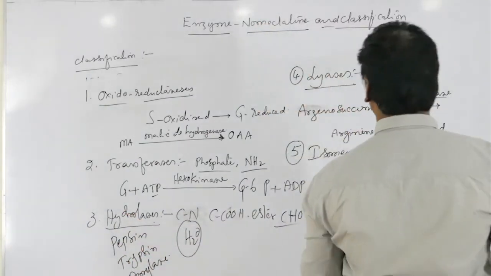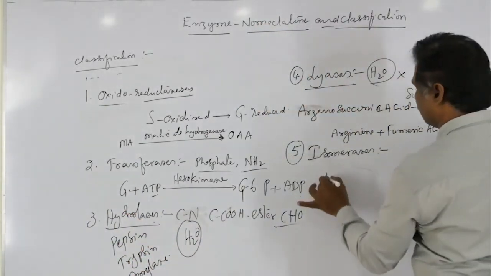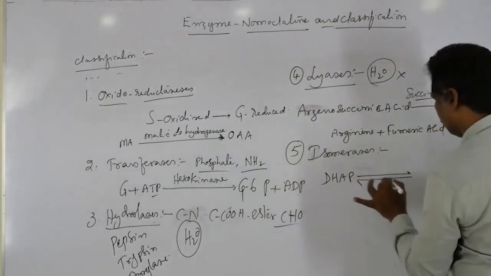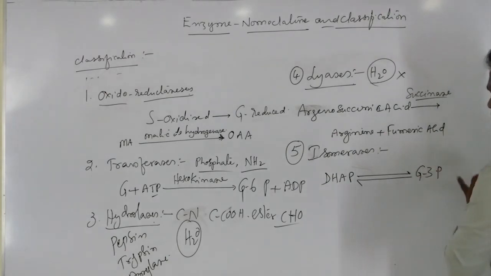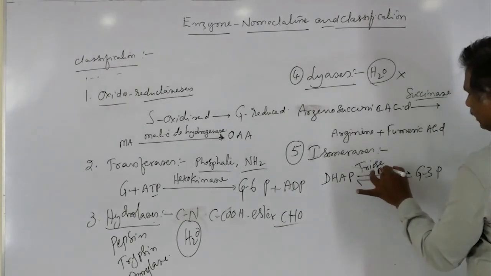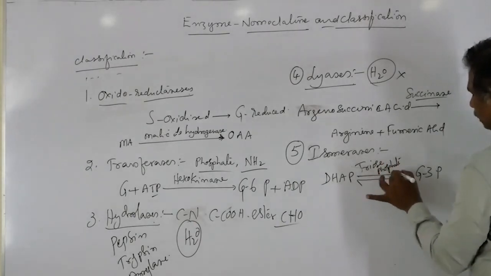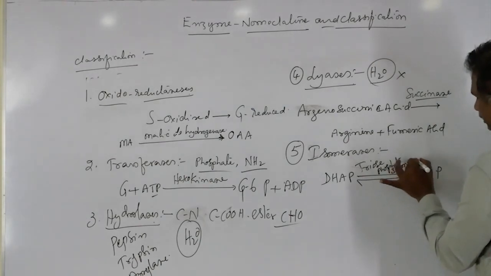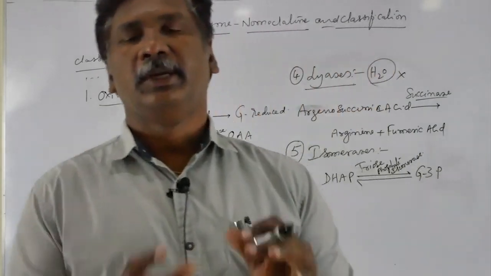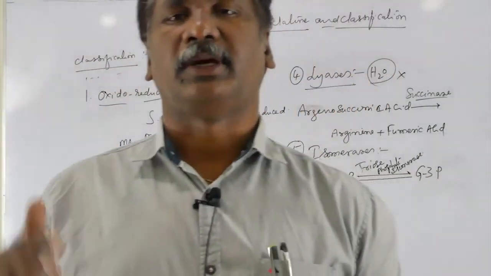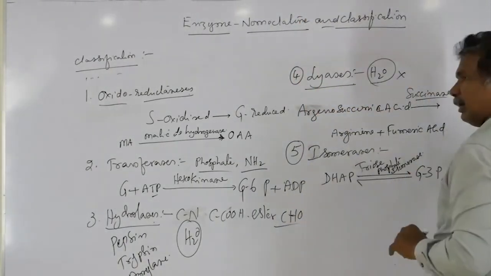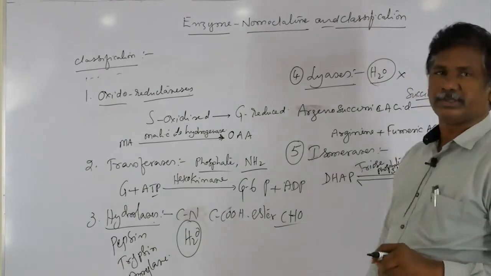In glycolysis, dihydroxyacetone phosphate, DHAP, is converted into glyceraldehyde 3-phosphate, G3P, in the presence of the enzyme triose phosphate isomerase. That is an isomerase.